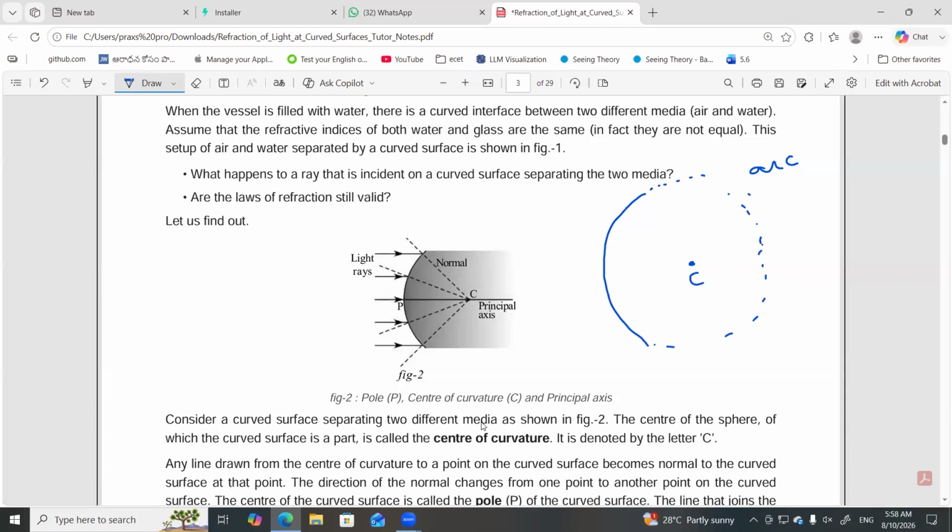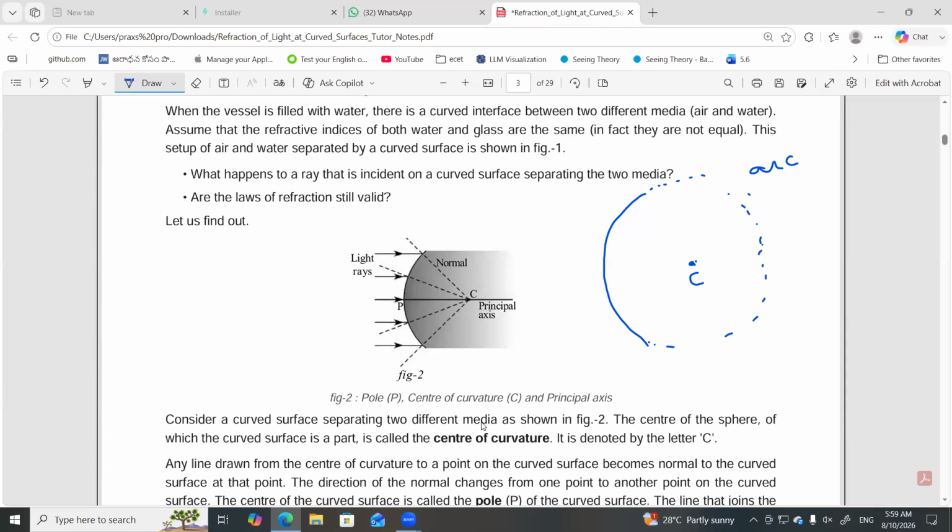As it is not a full circle, only a small part of the surface is there, but still we can find the center by imagining that we make it a full circle. The center of this curved surface, I'm calling it the center of curvature, C.